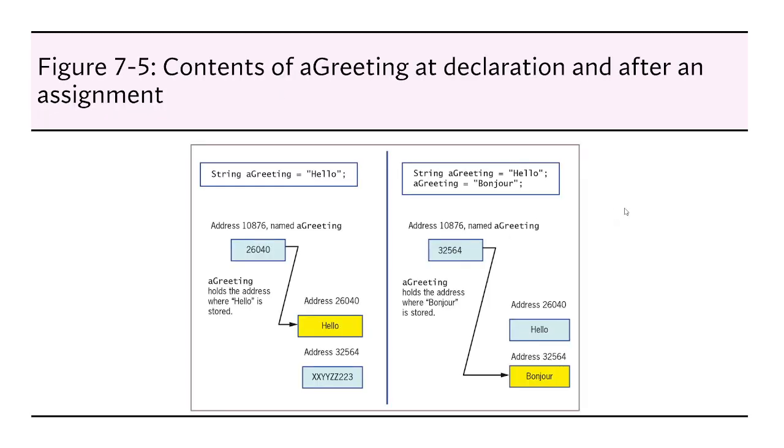We have that aGreeting variable, and if we change aGreeting from hello to bonjour, the old address where hello was held is bulldozed effectively. A new address is assigned, and ultimately the garbage collector comes and collects this value.